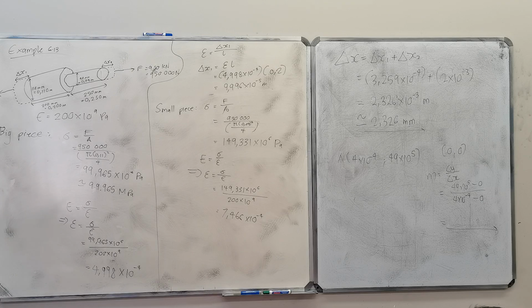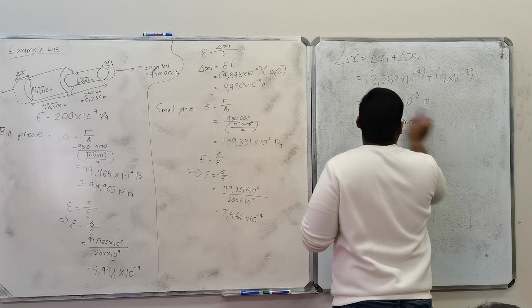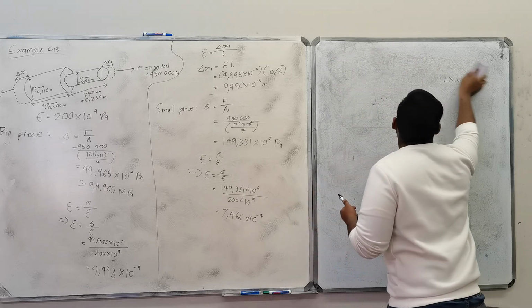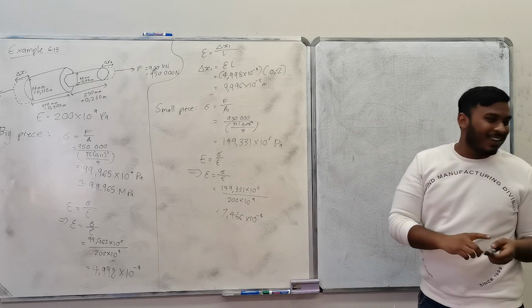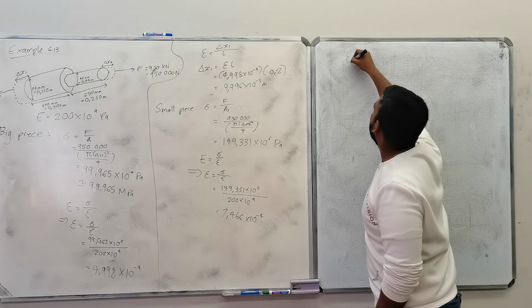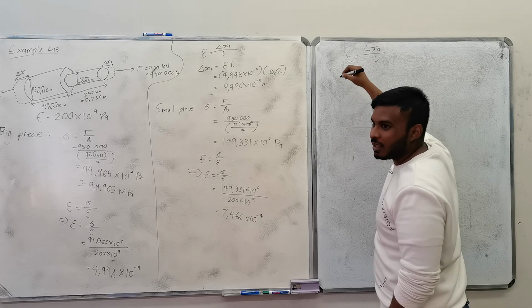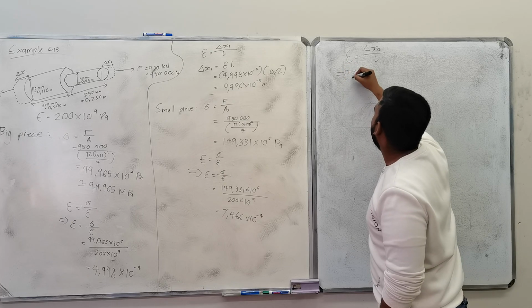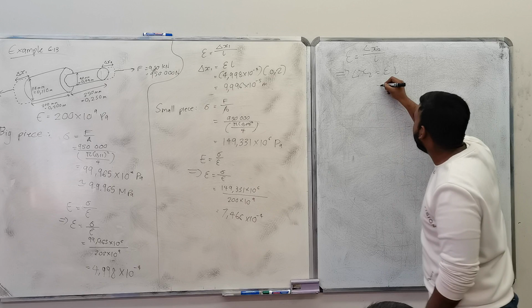Using your strain, what can you do with your strain? Work out the what? Delta x2, right? So your strain would be equal to delta x2 all over the original length. This implies that delta x2 is equal to your strain multiplied by the original length.